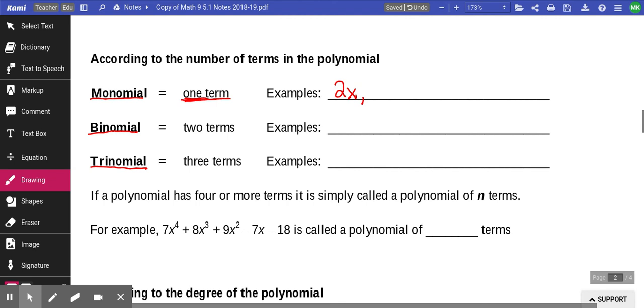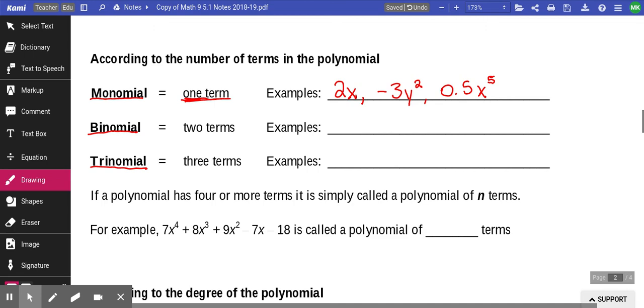Another example would be like -3y squared. That's one term. Right? I have -3 times y squared. That's what that means. There's no additions or subtractions. We could also do decimals, 0.5 x to the power of 5. Let's give it a big exponent. Still just one term.